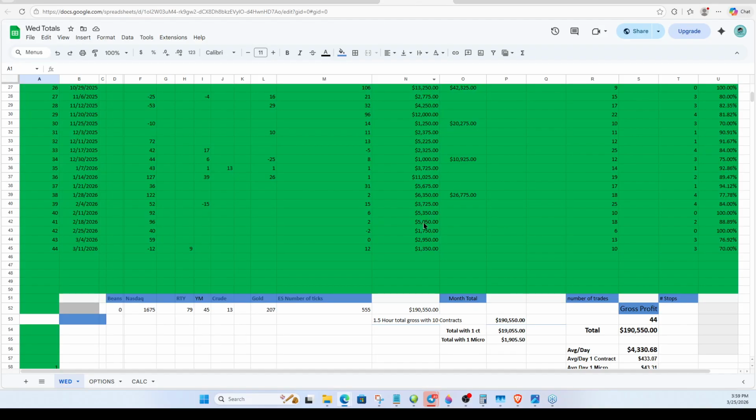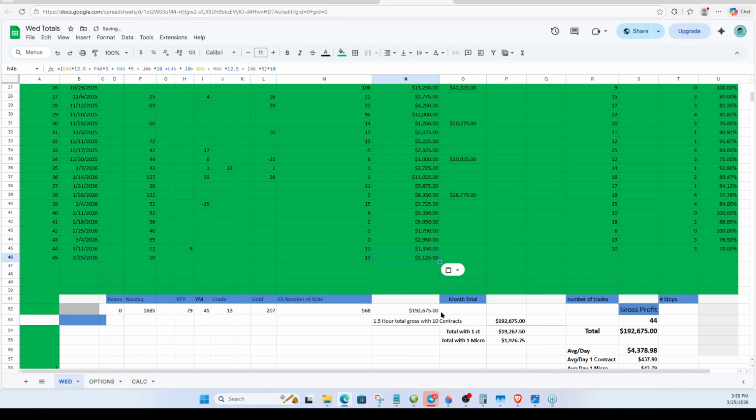So if I go into the Wednesday totals, we hardly traded at all. This is going to be session 45. And it is 325. And on the NQ, we got 10 ticks. And on the ES, we got 13 ticks. So we'll carry this down.